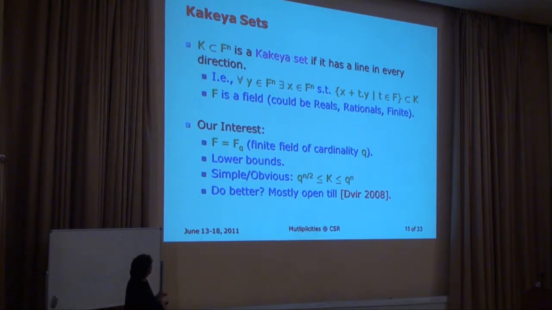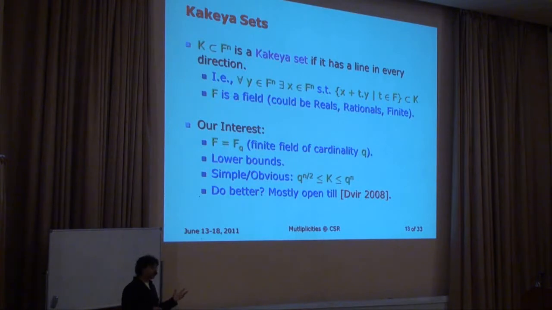Versions of this question over the rationals or the reals, I don't remember, were of great interest in additive combinatorics, and people had related these questions to other questions they had been studying. Over the finite fields, I think it was an interesting exercise, saying, do we have techniques to understand this?